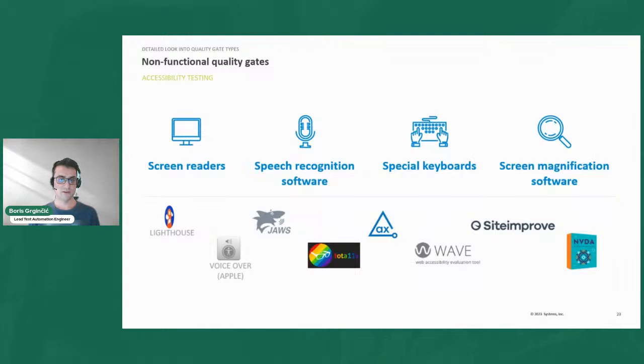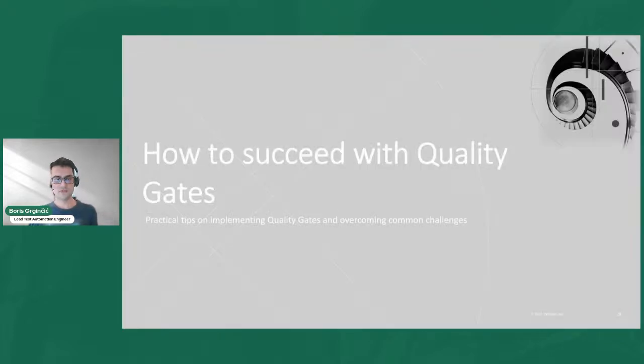So yeah, definitely something that is worth considering. But again, it depends on the budget, it depends on the client, and it depends on the overall context. Okay, so we looked at several types of quality gates.